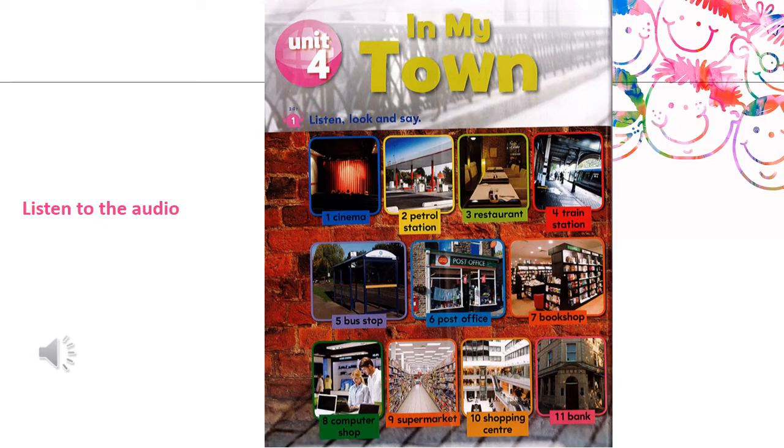Bus stop. 6. Post office. 7. Bookshop. 8. Computer shop. 9. Supermarket. 10. Shopping centre. 11. Bank.